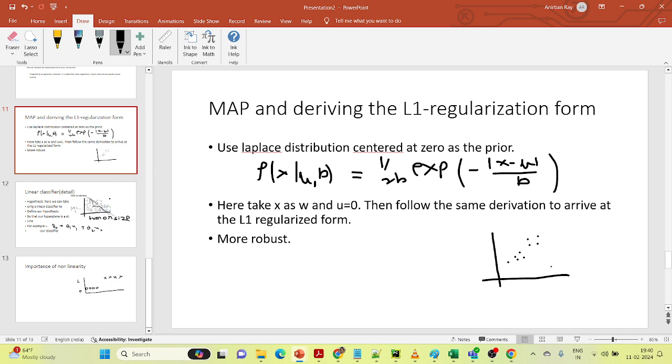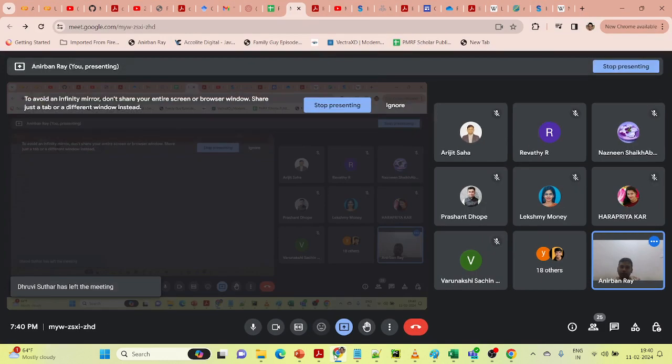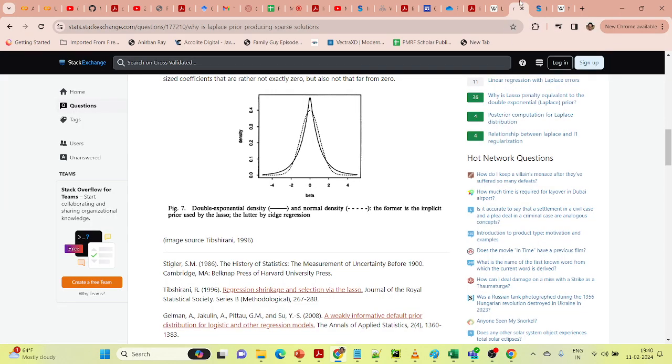Using the Laplace distribution as the prior, it will work very well, and it will almost ignore this point. So it helps in creating robust regression, meaning the outliers don't have much influence here.